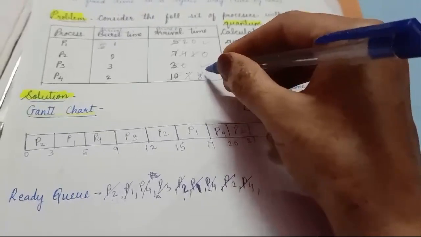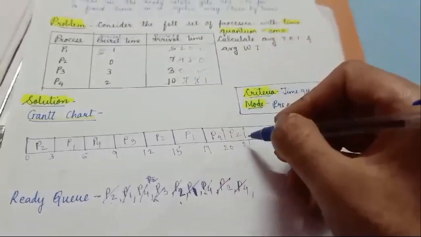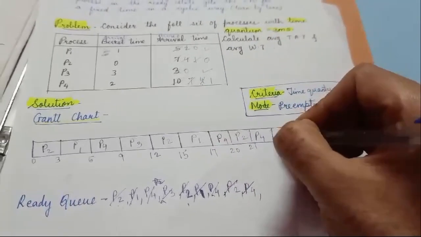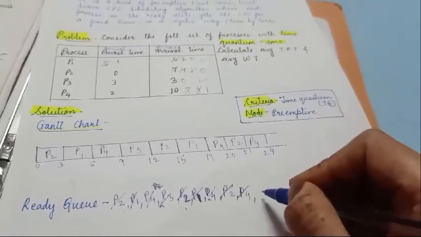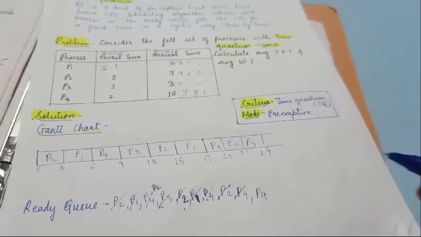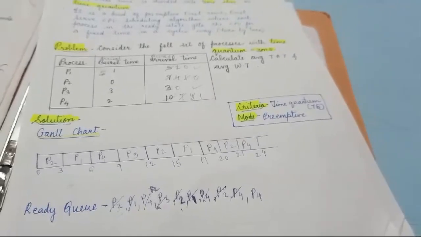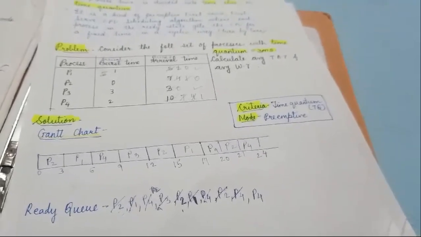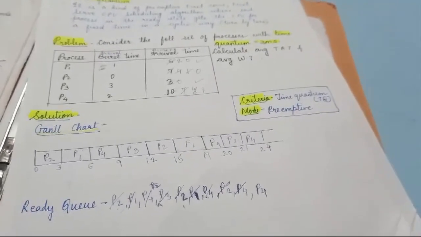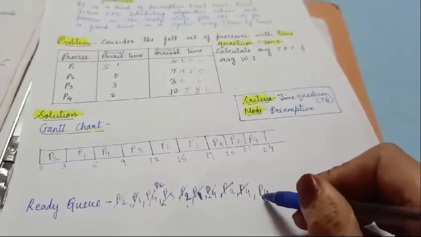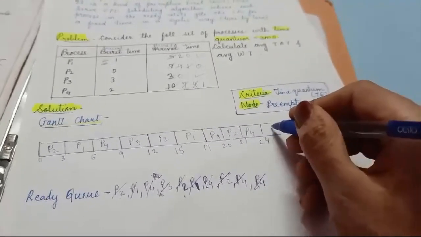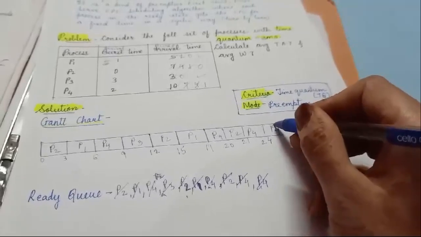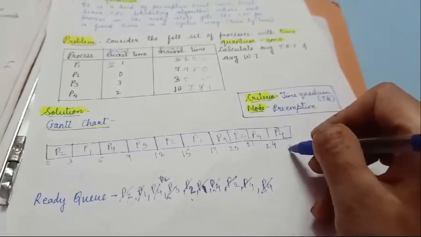Now this will become 4 minus 3, 1. So we'll write down 21 plus 3 is 24, and 1 is still left. We'll write down P4 in the ready queue. And lastly P4 is left in the ready queue with burst time 1, and we'll write down P4. 24 plus 1 is 25.